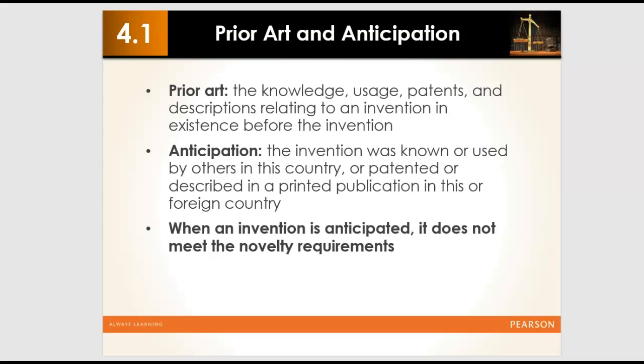So for our inventions to be non-obvious, they cannot collide with prior art. They have to be fundamentally different from what already exists, from the knowledge that is already available, from other patents, or even other descriptions of processes or products.